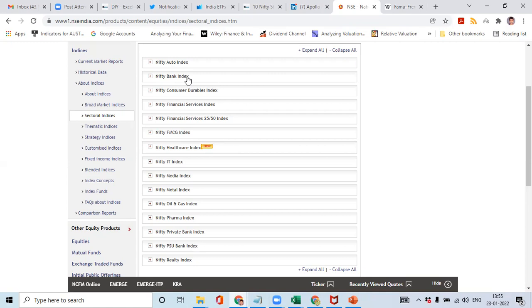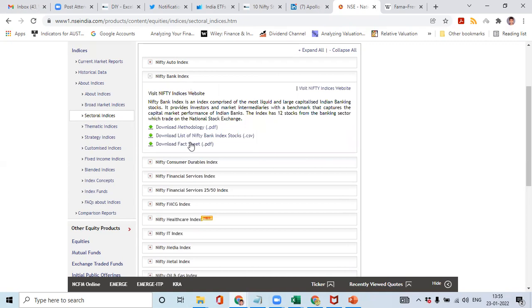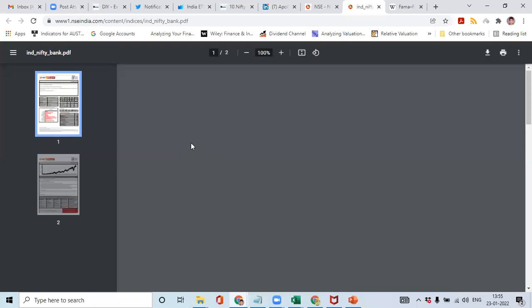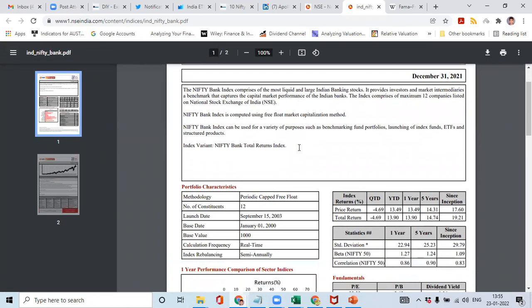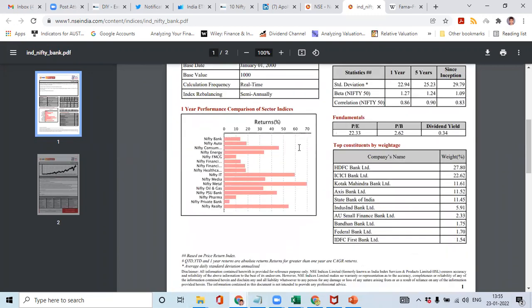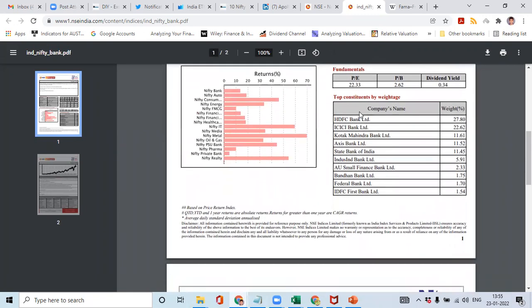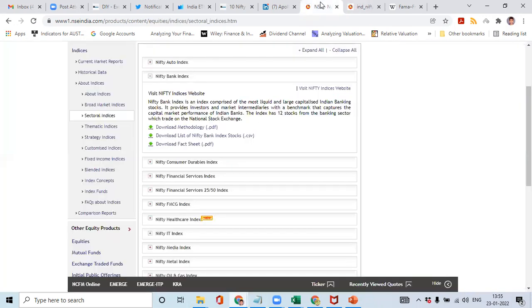So the Nifty Bank Index will have 10, 12 bank stocks, and depending on the free float market cap, that's what the weighting generally is. So they have about 12 companies. HDFC has 30% weightage, followed by ICICI, which is 22%, things like that. That's your sectoral index. Like that, you can make as many sectors as you want.